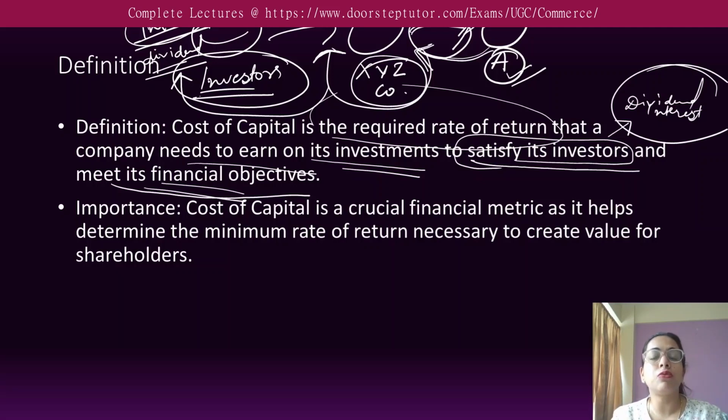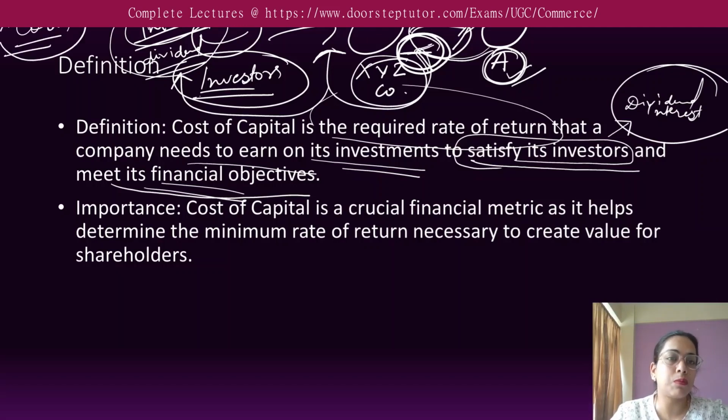These are the returns to investors. So this is that rate of return. This is the minimum criteria that the project it is proposing, the project it has selected to invest in, must cover these costs of financing. This interest and dividend payment is known as the cost of financing the asset, the cost of financing the project.